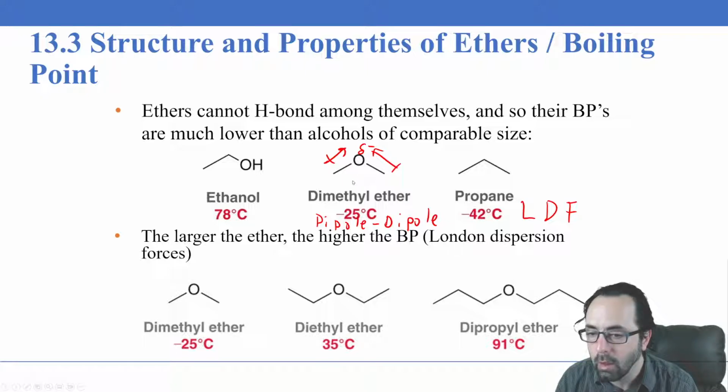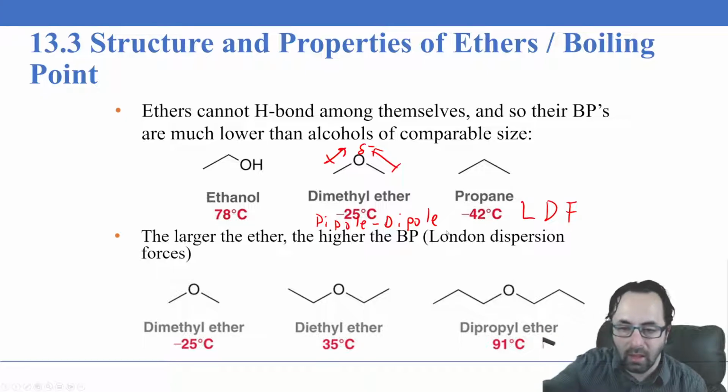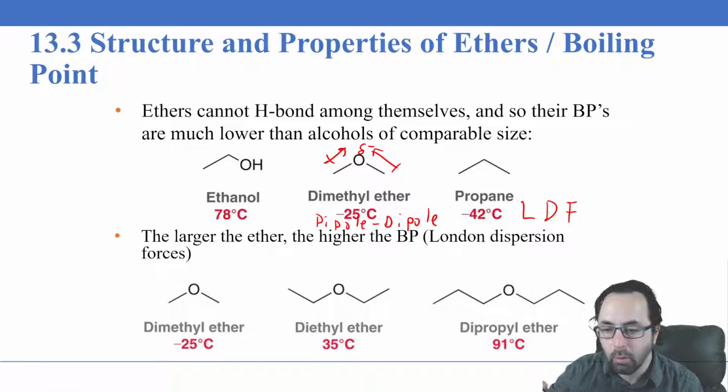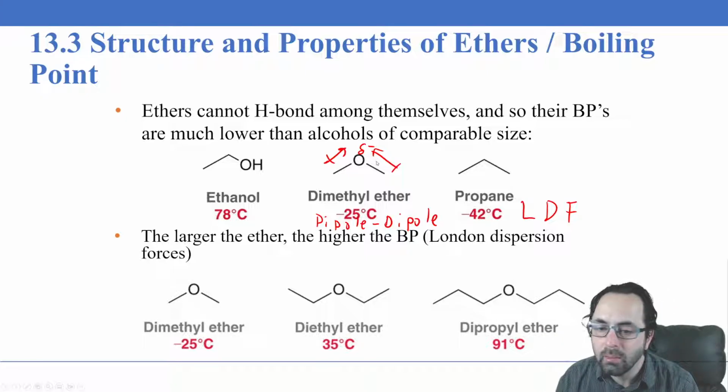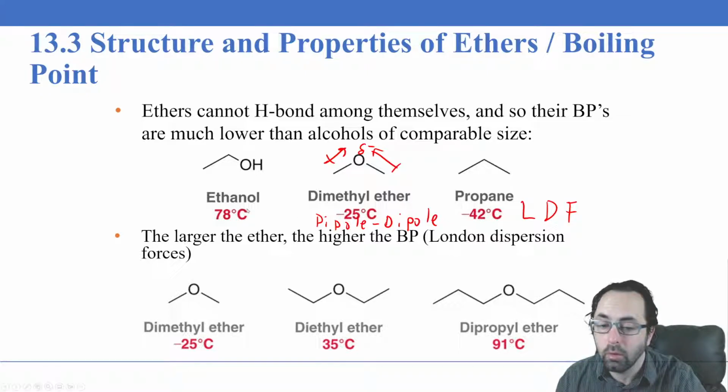And some of that has to do with the angle. The angle is only 109.5, so it's not like a carbonyl where you have an oxygen sticking way out, away from everything, pulling the electrons its way. It's more like it's in the middle, so that the net dipole is not huge. And so you can see that in terms of the boiling points, as opposed to ethanol with hydrogen bonding, much higher boiling point.